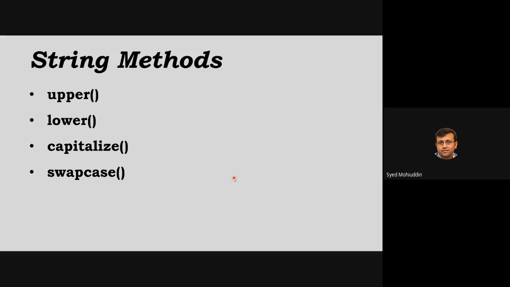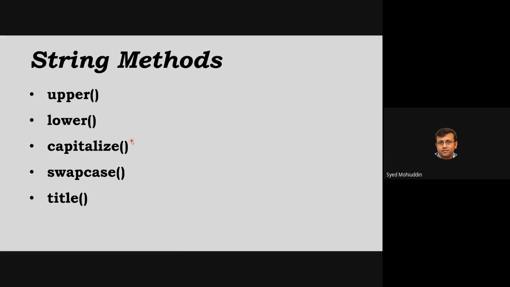And then we have title case, which is just like capitalize, but for a string with several words, the first letter of each word will be converted to uppercase. So these are the very basic methods that we have in strings.